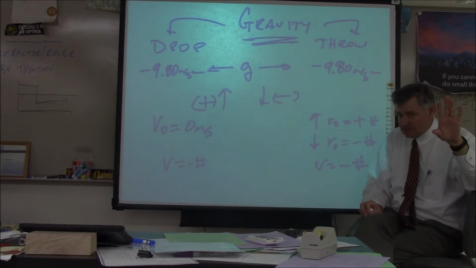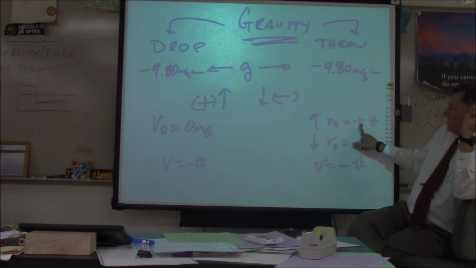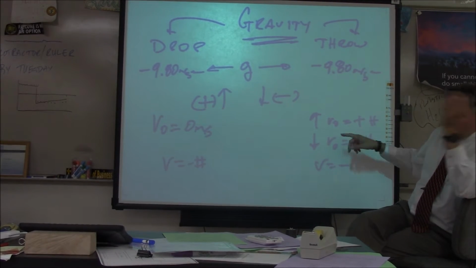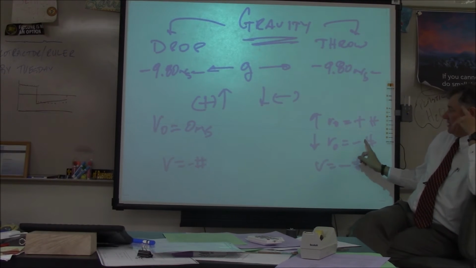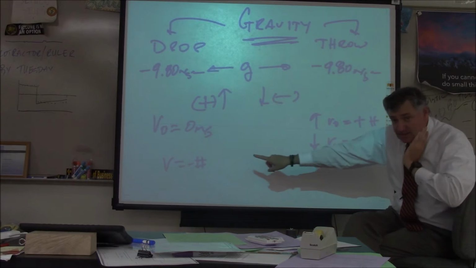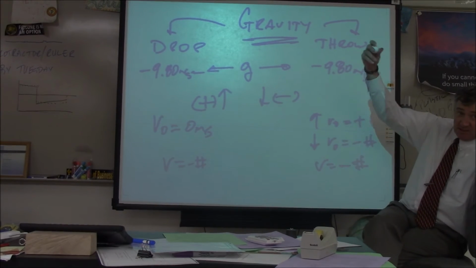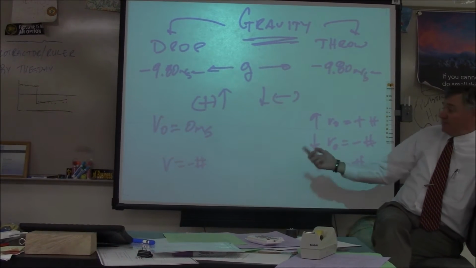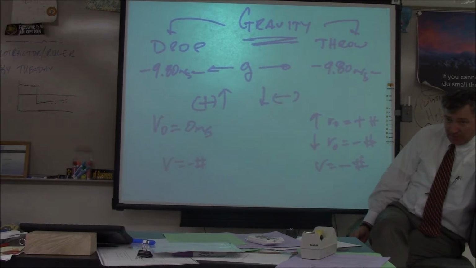If I throw it up in the air, I'm going to have a positive initial velocity. If I throw it down, I'm going to have a negative initial velocity. Now, when it lands, both of them are going to be going down, so both of them are going to have negative velocities when they hit the ground, okay?